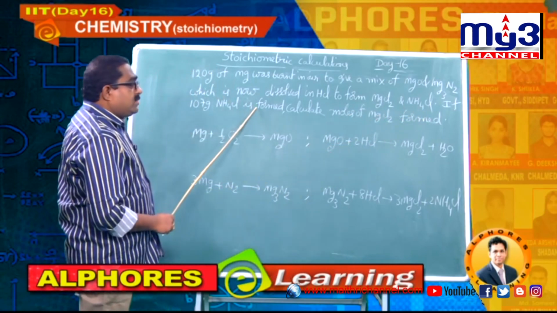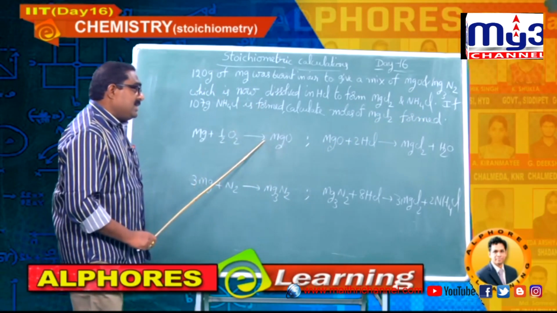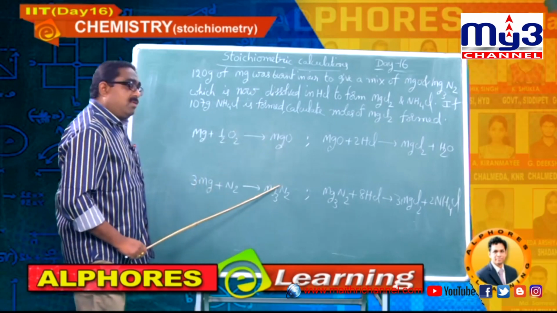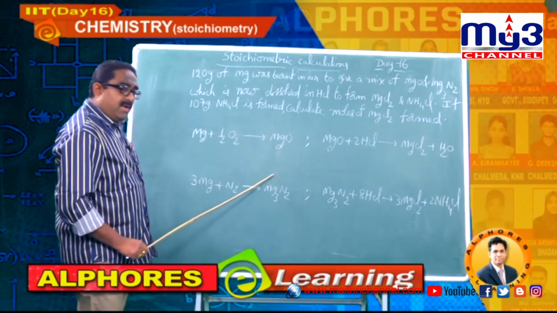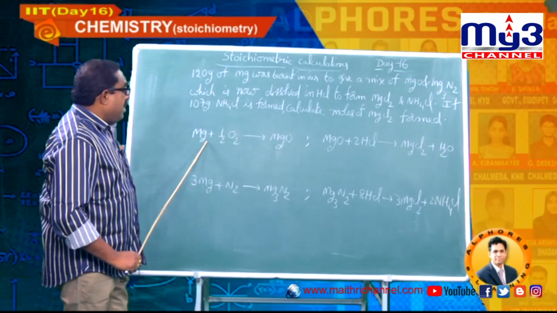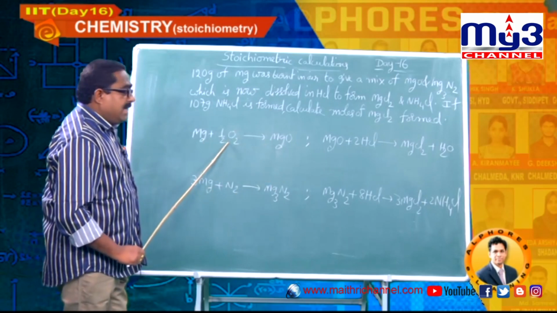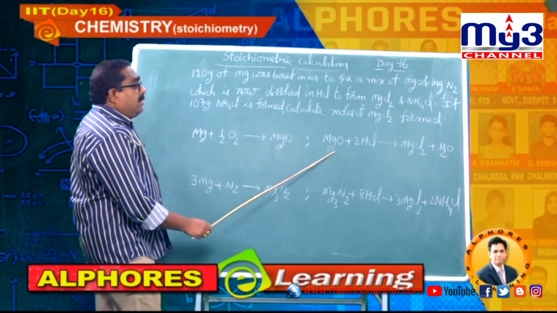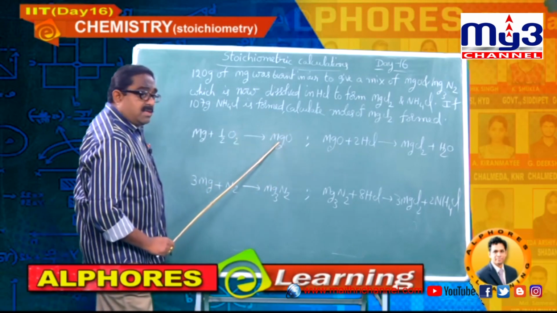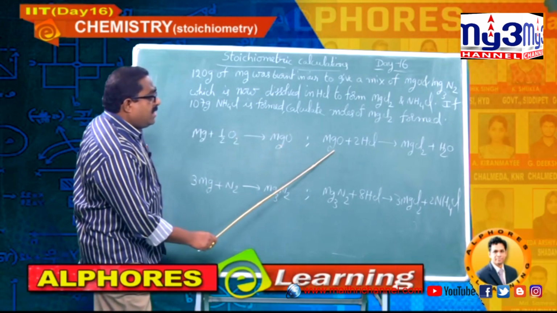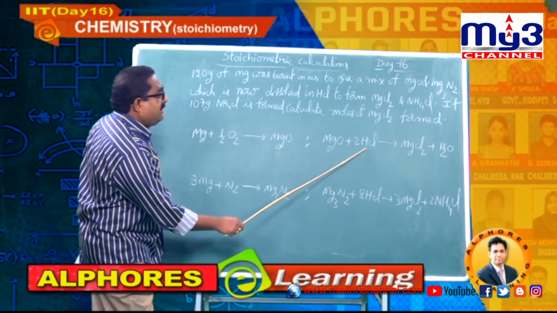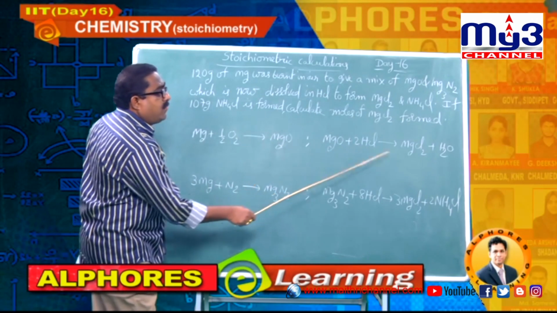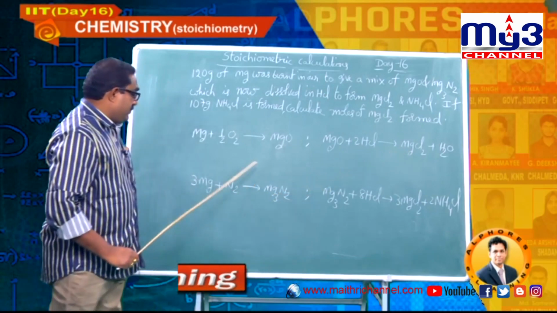That is the question, students, and he has given the set of reactions that you should follow. Sequential reactions. Magnesium on reaction with oxygen gives MgO. Write down the equations, students. And magnesium oxide thus obtained will dissolve in HCl to form magnesium chloride.